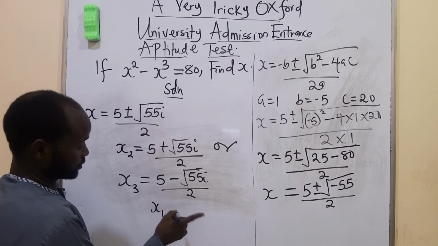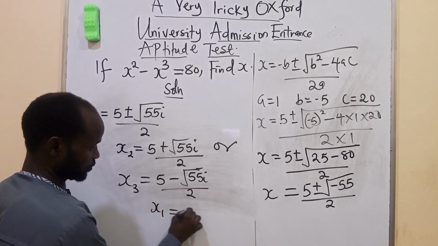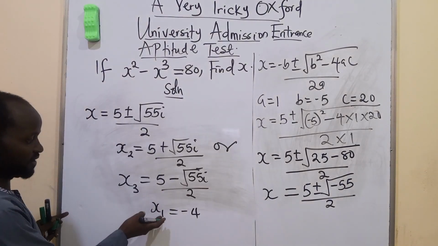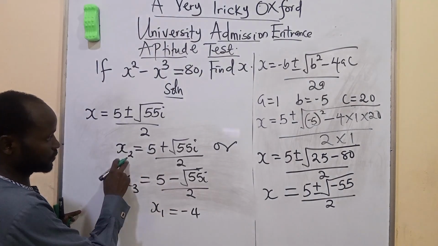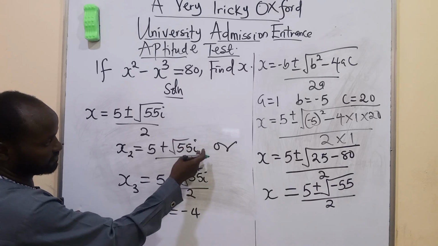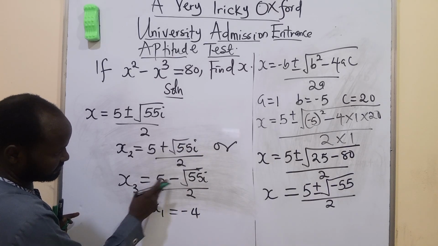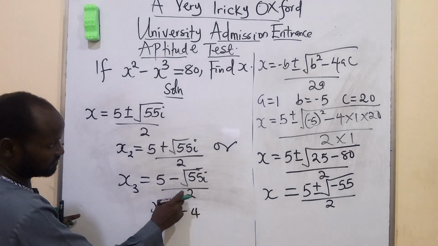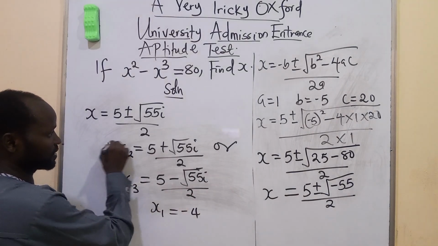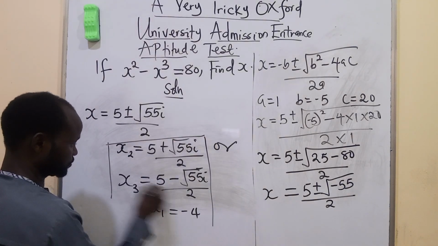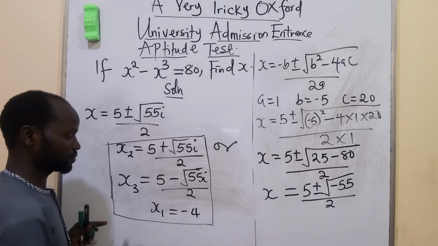So we have x1 as minus 4, x2 as 5 plus root 55i divided by 2, and x3 as 5 minus root 55i divided by 2. These are the possible solutions to this question.